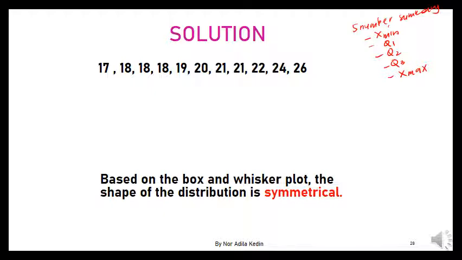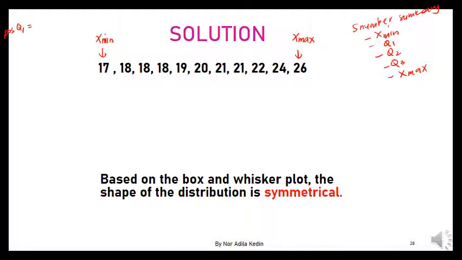So X minimum adalah nilai yang paling kecil dalam dataset awak. X maximum adalah nilai yang paling besar dalam dataset awak. You have to find your Q1. So untuk cari Q1, pertama sekali arrange your data in ascending order. Kita dah arrange. Cari position for your Q1 which is N plus 1 over 4.